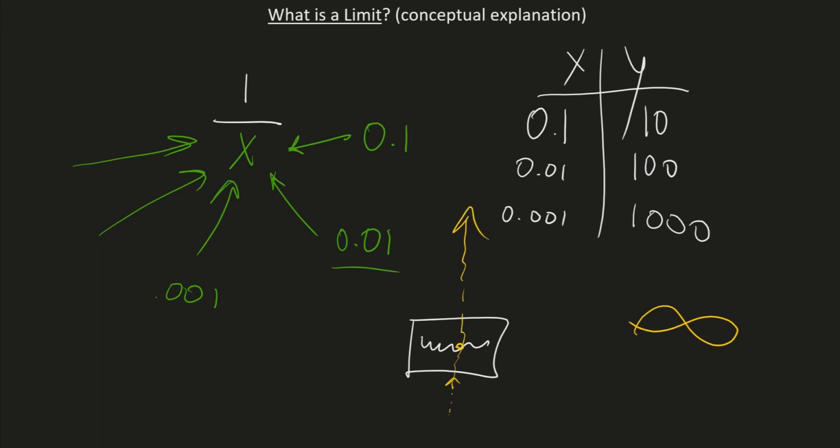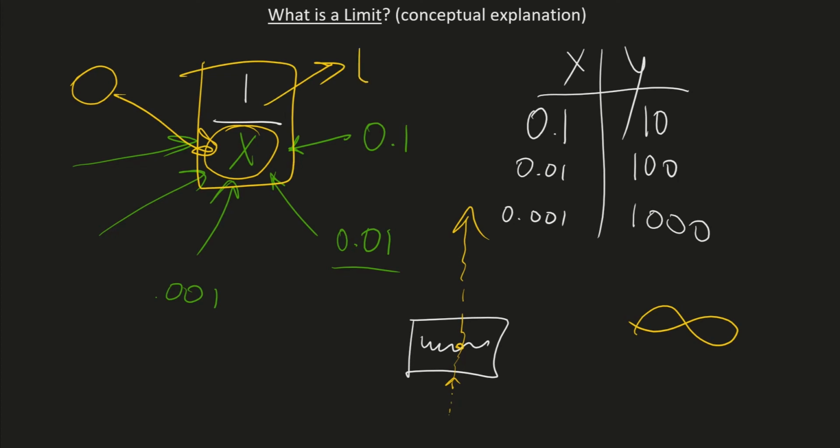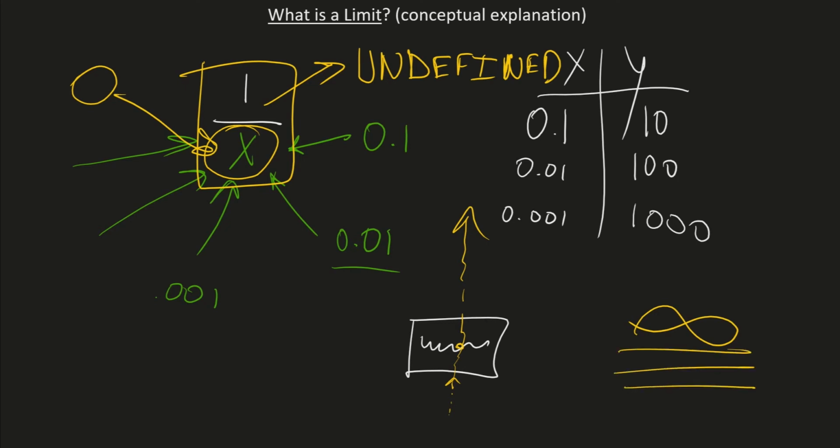That's why people say that when we try plugging in 0 in here exactly, that results in undefined. But I always like thinking that it means, basically, the idea of infinity.